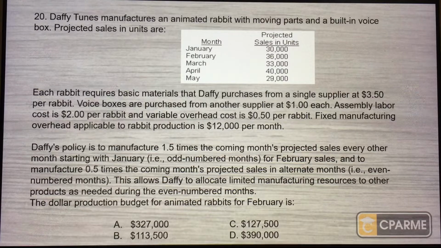So 33,000 times 50%, then multiplied by the 3.5 plus 1 plus 2 plus 0.5. Then we should add 12,000 the fixed overhead. Then we could come up with the production budget for animated rabbits for the month of February.